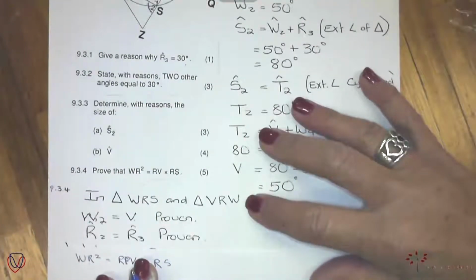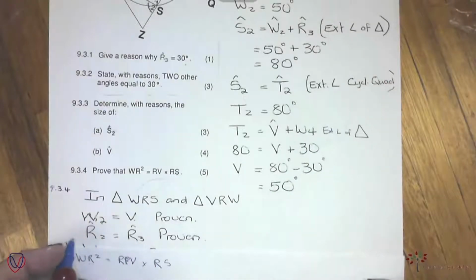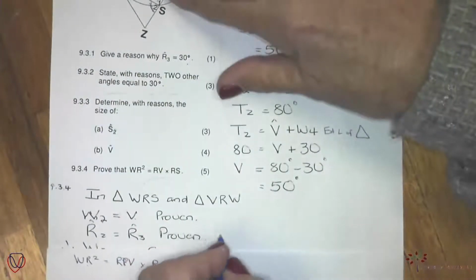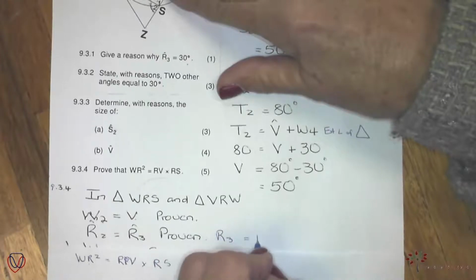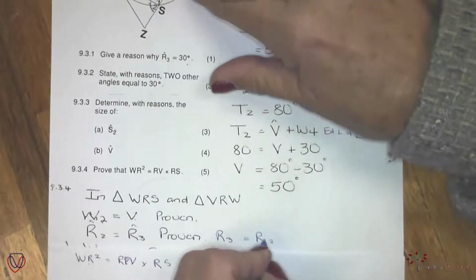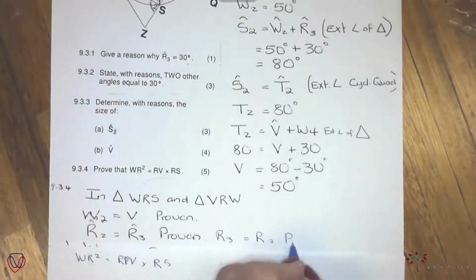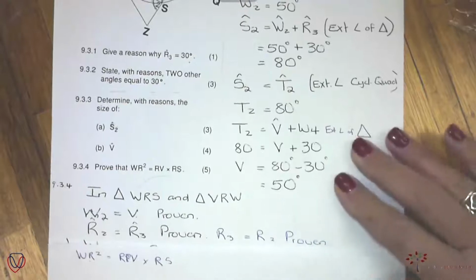Then R2, oh, you see, I swapped these around and I shouldn't. I started here, so I'm going to rewrite that one. R3 is equal to R2, and we can only say proven because it has been proven already.